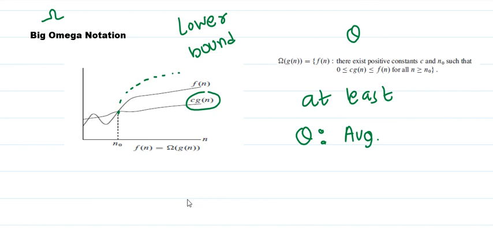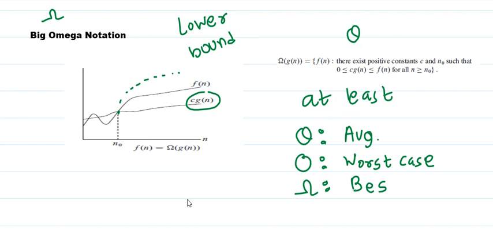Then the next notation, big O, is useful for worst case analysis because it gives us an asymptotic upper bound. And big omega is useful for best case analysis, because here we are saying that it takes at least this much time, so that means it corresponds to the best case.